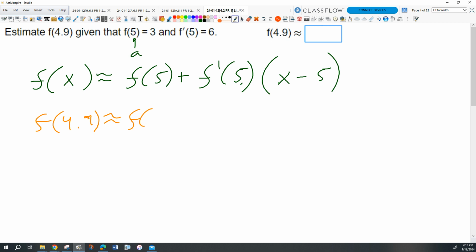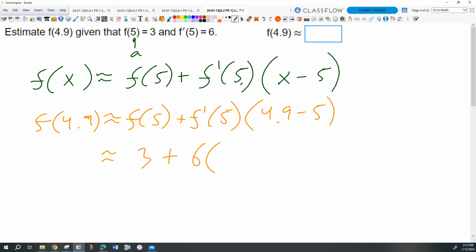F of 5 plus f prime of 5 times 4.9 minus 5. Well, we know that stuff. What is f of 5? 3. Plus f prime of 5 is 6 times 4.9 minus 5 is what? Negative 0.1.